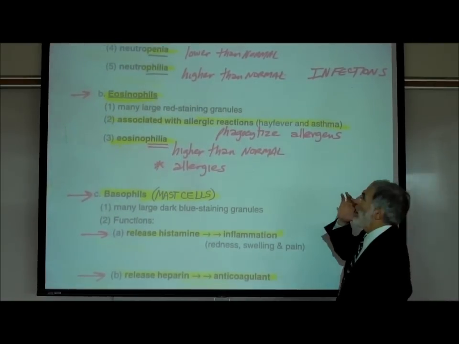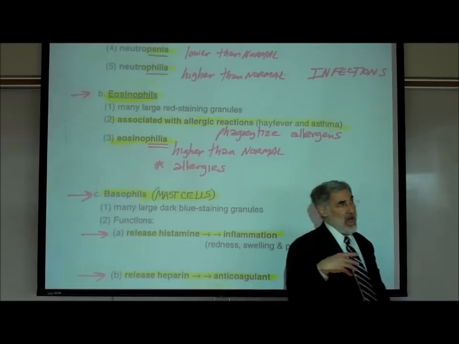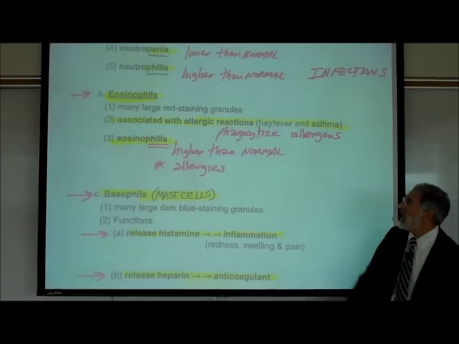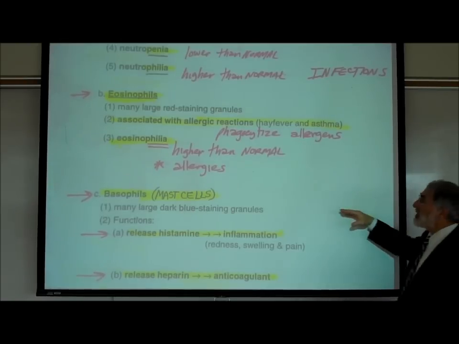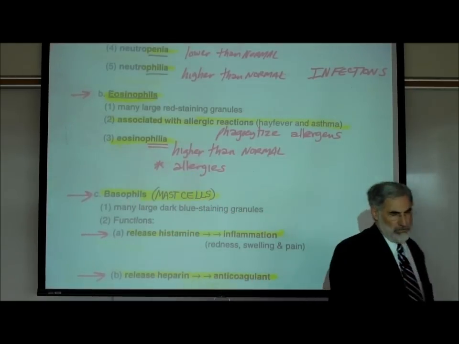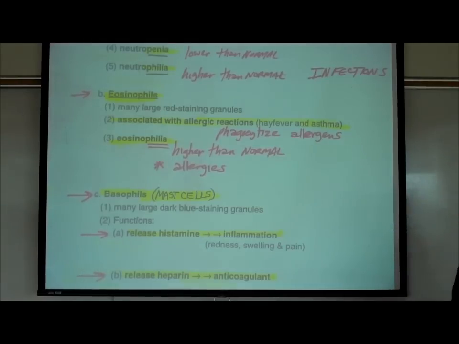The eosinophils are those white blood cells that phagocytize allergens. If somebody has a higher number of eosinophils than normal, that's called eosinophilia, and that's what we see in people who have allergic reactions.